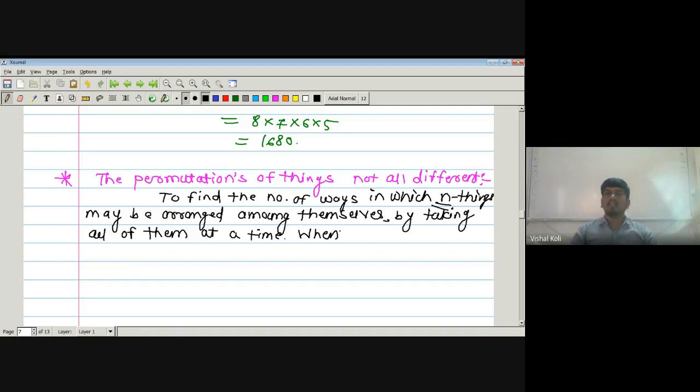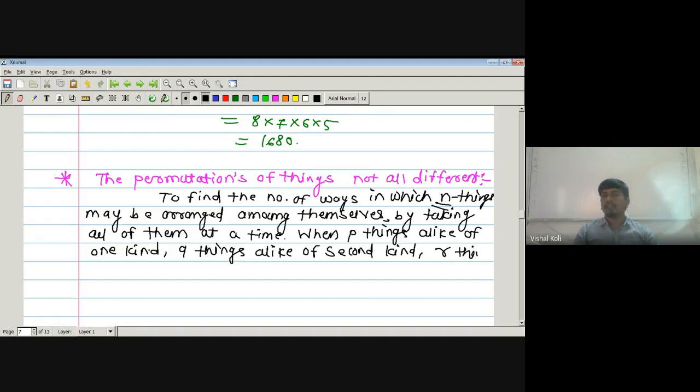If suppose among these n things, p things are alike of one kind, q things alike of second kind, similarly r things alike of third kind, and rest all are different.